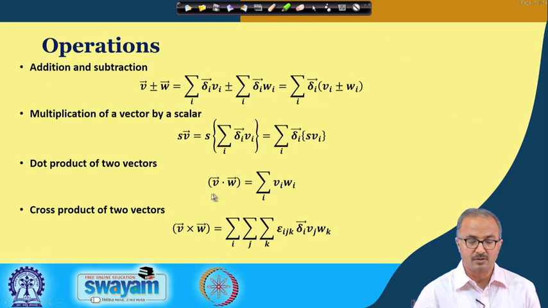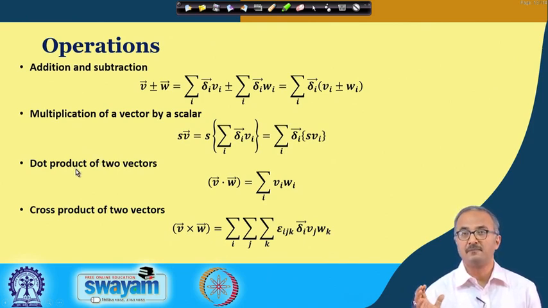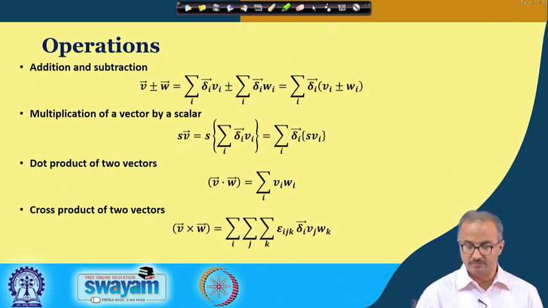Then the dot product is coming like Vi Wi, and the cross product is coming like this: epsilon ijk delta i Vj Wk. So you can see that by putting this permutation operator and this Kronecker delta, we are able to write these additions and summation products in a very concise way.